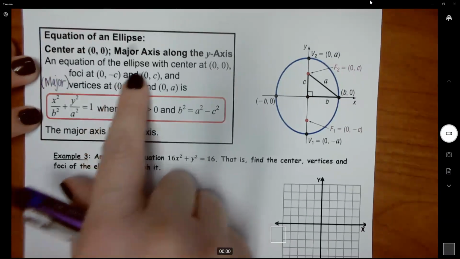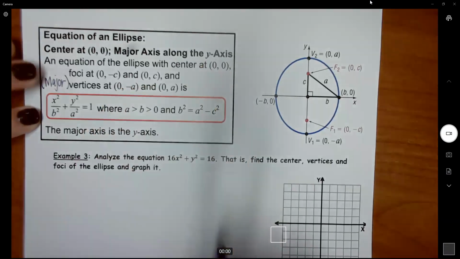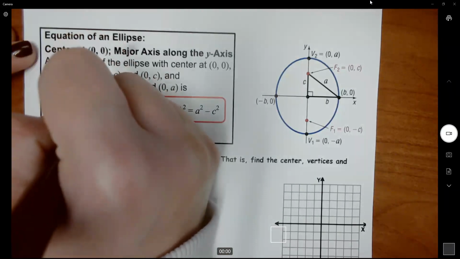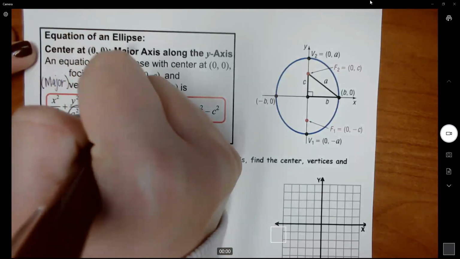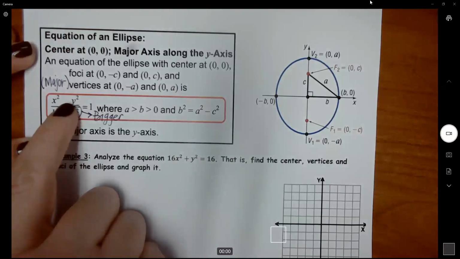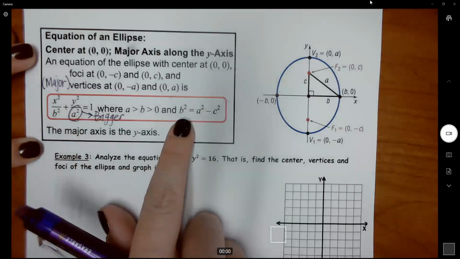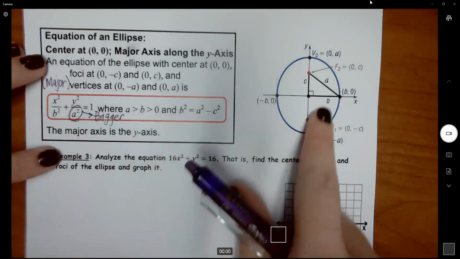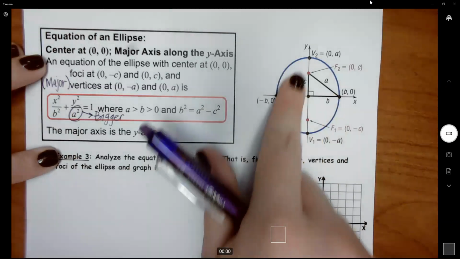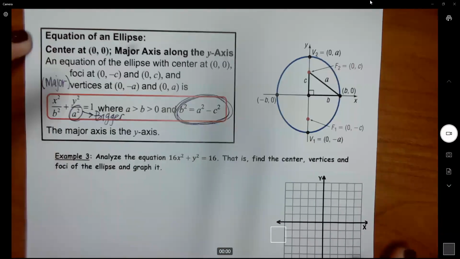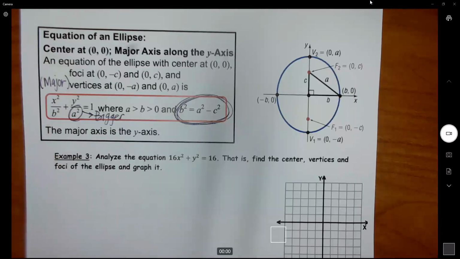When your major axis is along the y-axis, A is still bigger than B, so now my bigger number is going to be beneath my y. And then this formula here still comes from the Pythagorean theorem of this triangle. This does not change when you have an ellipse with a major axis along the x or y. That formula will stay the same.